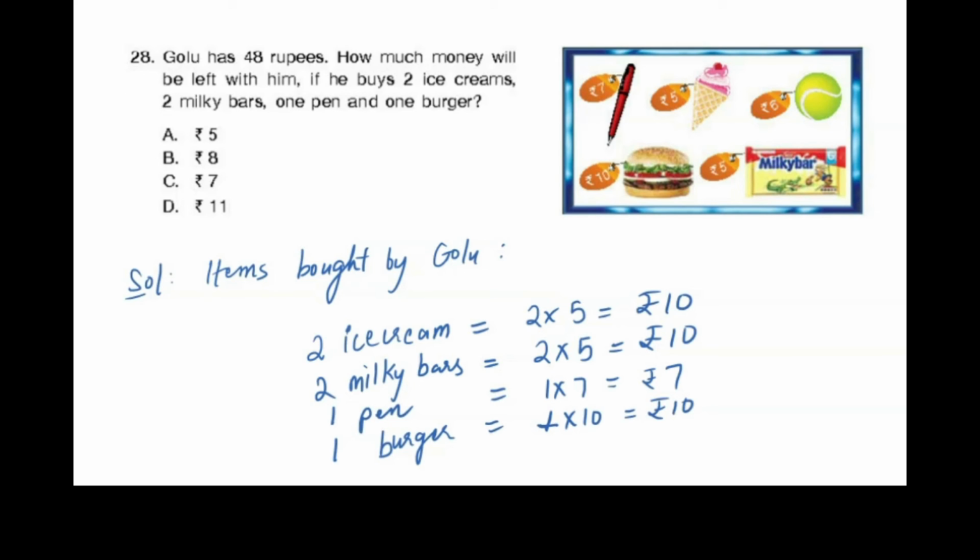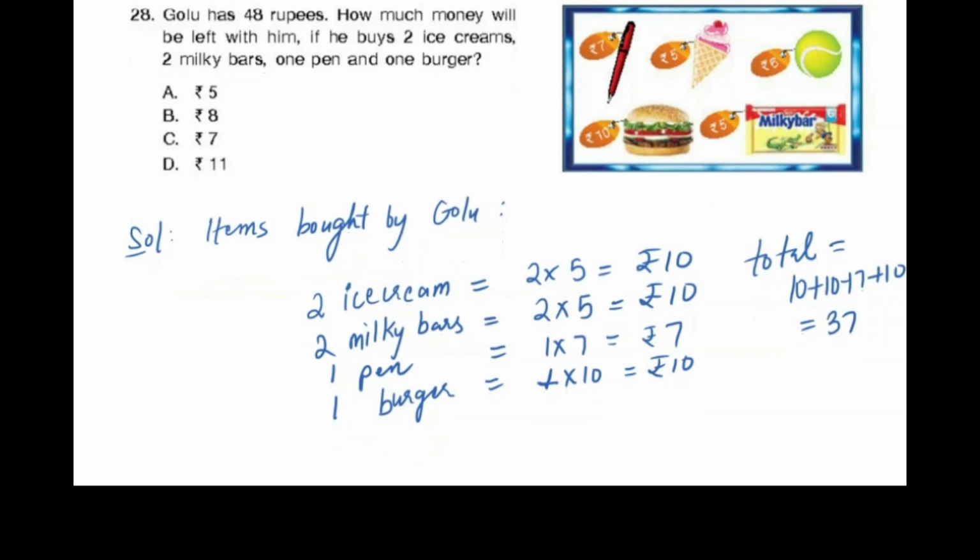So now the total will be 10 plus 10 plus 7 plus 10. That is 37. How much money will be left? Left money will be 48 minus 37. That is rupees 11. He is left with 11 rupees.